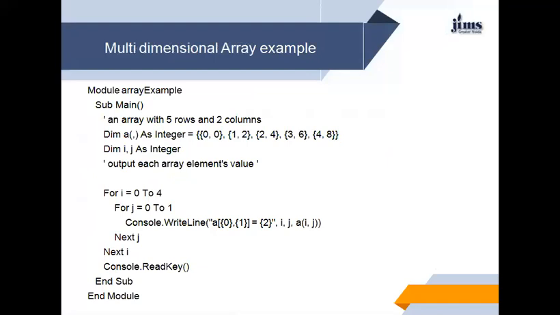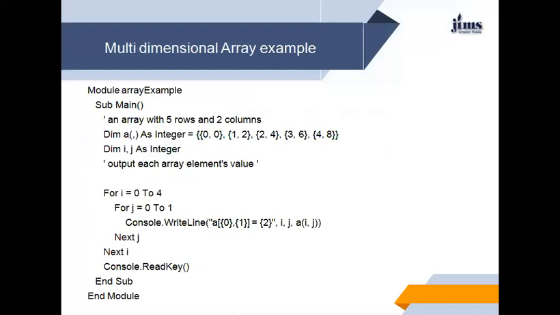Now we are making a For loop for i = 0 to 4, for j = 0 to 1, Console.WriteLine. Since a[i,j] is in double quotes, it will print as it is.